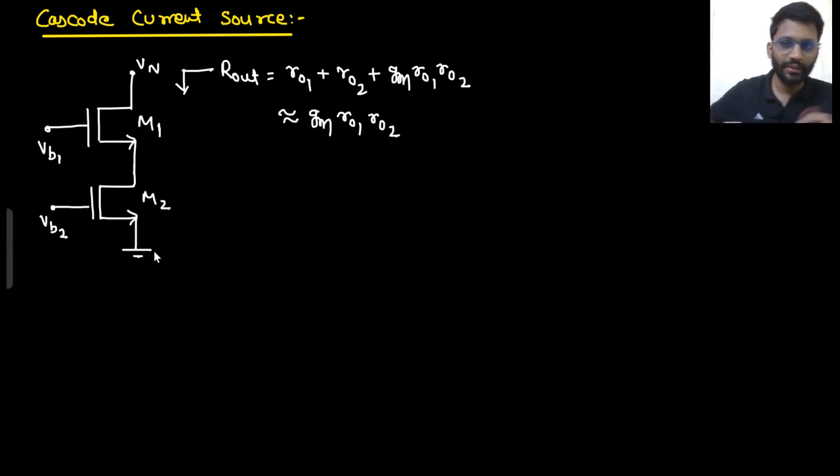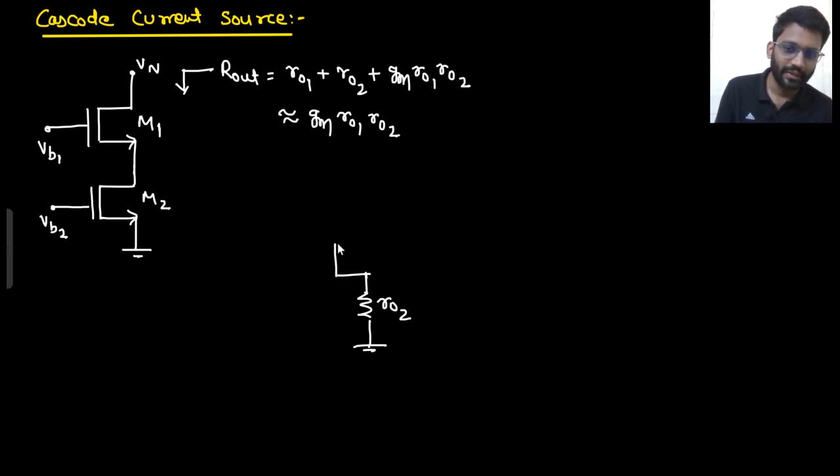Are you getting this point? How did I write the impedance? This VB2 will be shorted. So this M2 will be replaced with r02 only. We have already seen this configuration for output impedance. But at that time I did not tell you what this is. Now I am telling you this is a cascode current source. And what about this M1? This M1 will be made something like this.